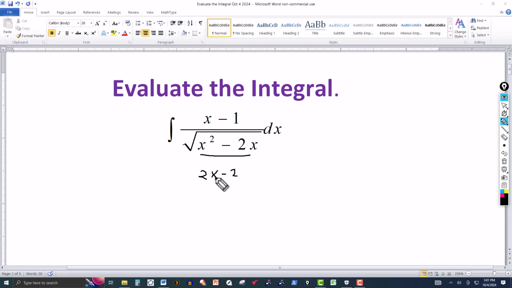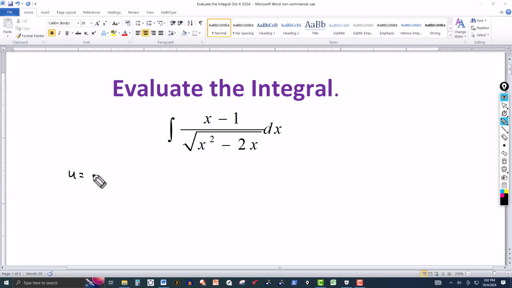And then I see that if I take out a factor of 2 here, I get an x minus 1. And I got the x minus 1. Also have the 2. But remember, the constant you can deal with, because you can always factor out the constant from the integrand and put it outside the integral. So that tells me that a U-substitution is going to work here.